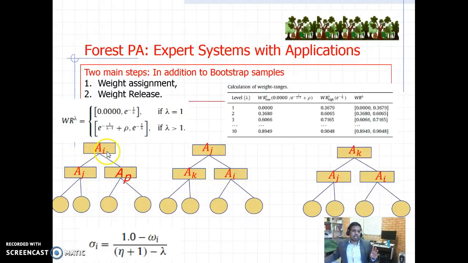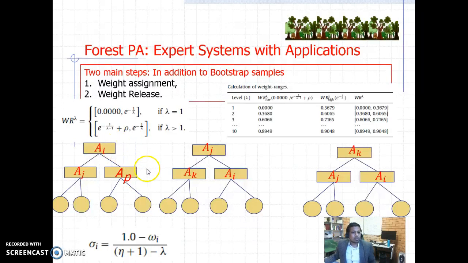Once these attributes AI, AJ and AP are chosen in the first tree, then we assign some unfavorable weight to these attributes. That's the basic concept. Unfavorable weight means less than 1. So the chance of these attributes being chosen again in the second tree will be less, and therefore we are encouraging other attributes to come up and be chosen.